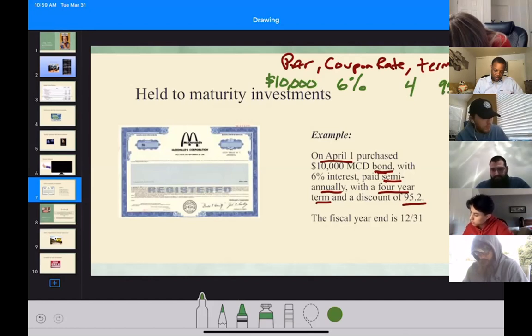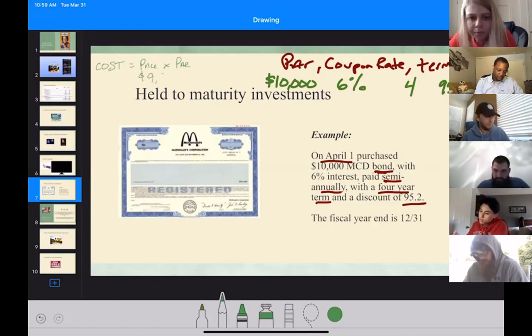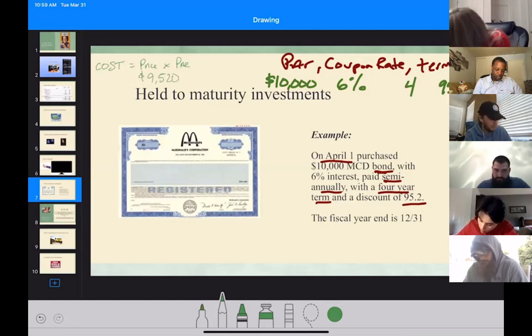Well, so now you're slightly ahead of me. So let's figure out the cost, right? So the cost is going to be the price times the par. So as Jasmine said, 9,520.